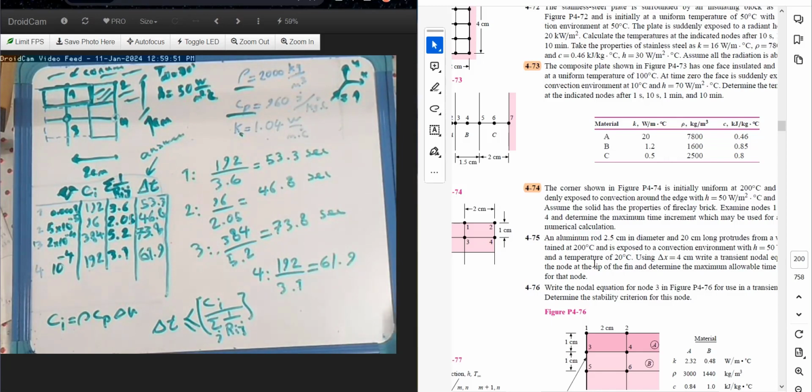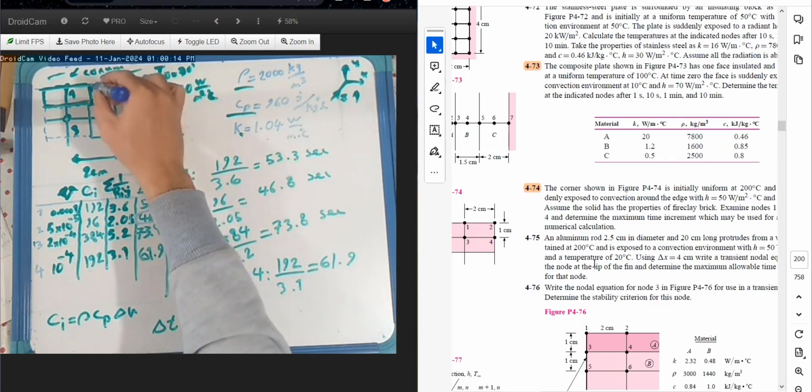Okay, so which one of these four numbers is smaller than the others? 53, 46, 73, or 61? Definitely this one is smaller than the others, for point 2.